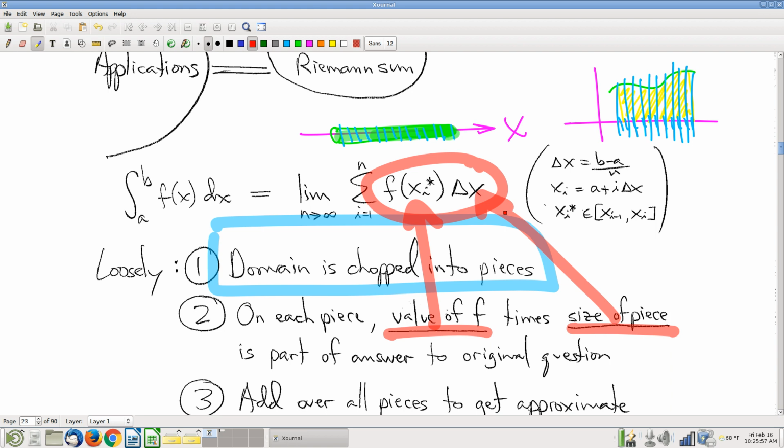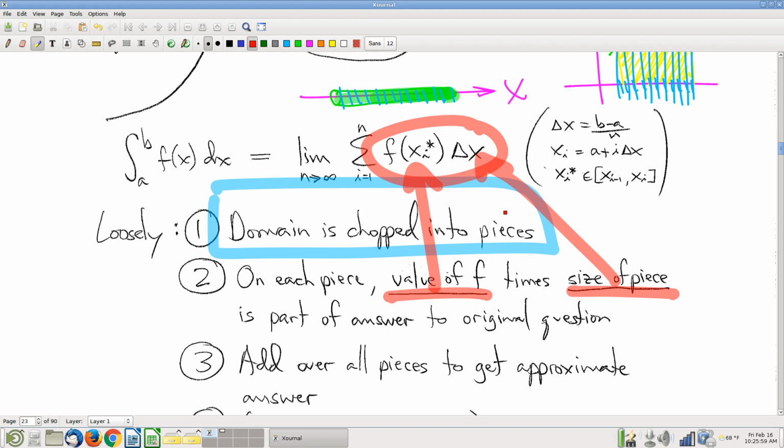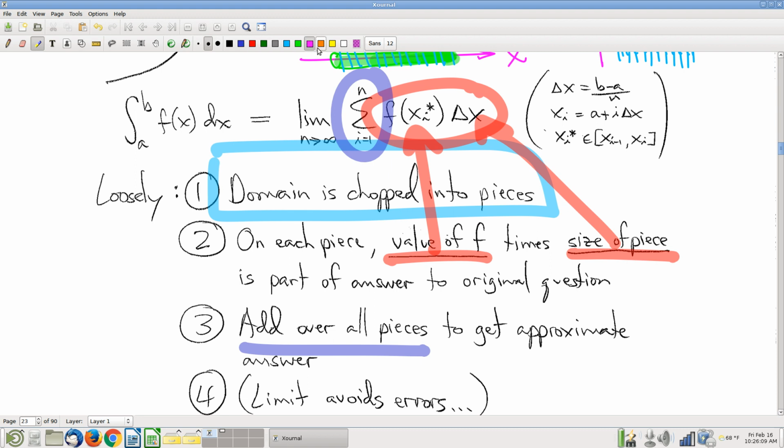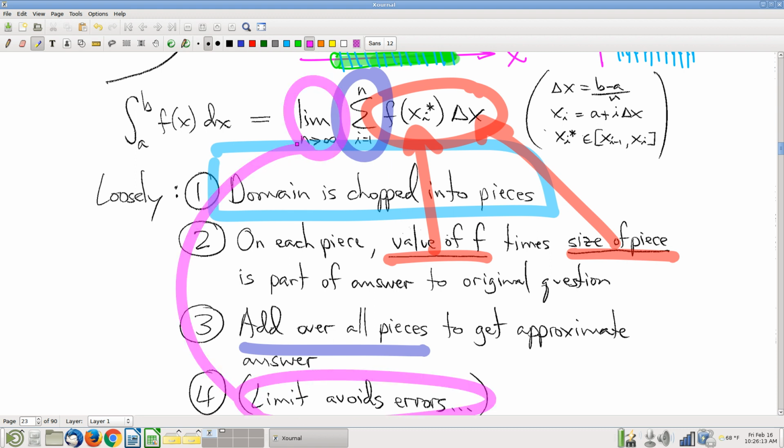And then it's pretty much all over at this point, except for the details. You add it up. You take a limit to make those round-off errors go away. And there's your integral.